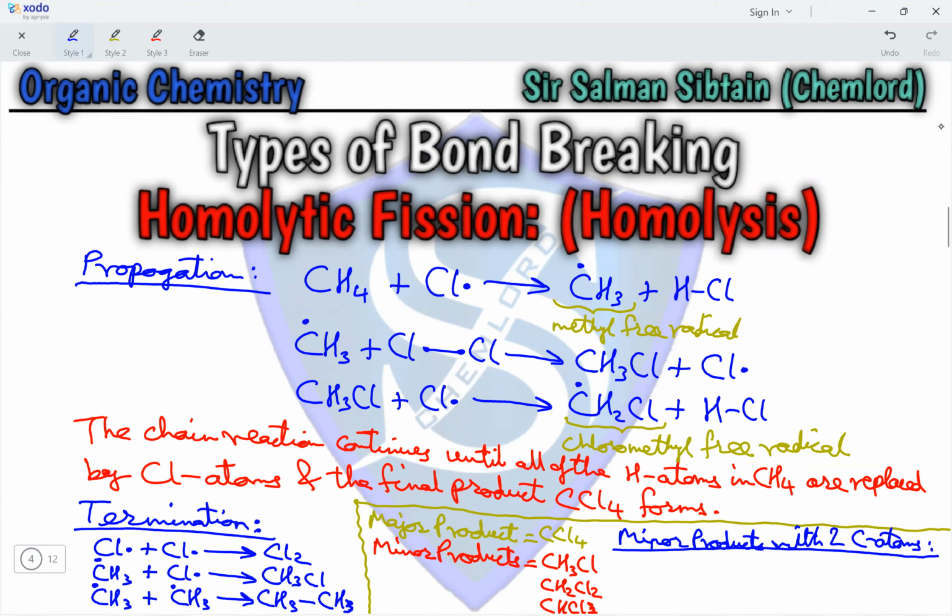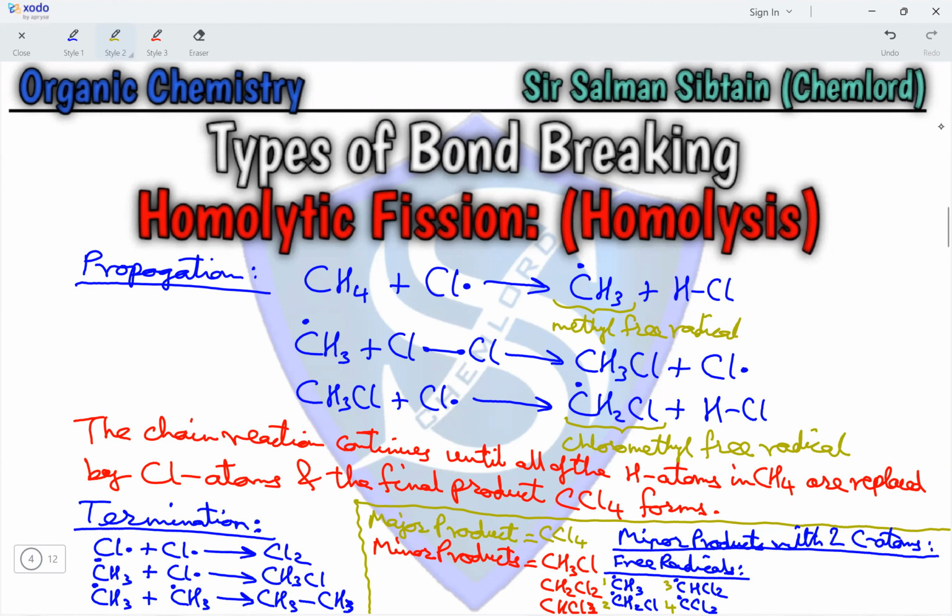So, the free radicals present are CH3 dot, then we have CH2Cl dot, then we've got CHCl2 dot, and we've got CCl3 dot. So if we label these radicals as 1, 2, 3, and 4.